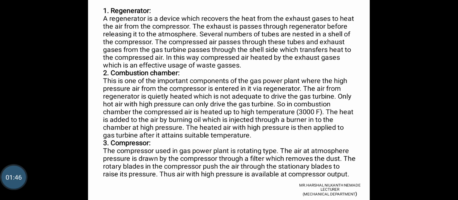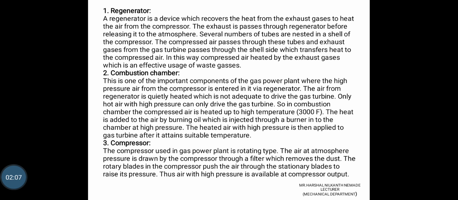So in the combustion chamber, the compressed air is heated up to a high temperature of 3000 Fahrenheit. The heat is added to the air by burning oil, which is injected through the burner into the chamber at high pressure. The heated air with high pressure is then applied to the gas turbine after it attains a suitable temperature.